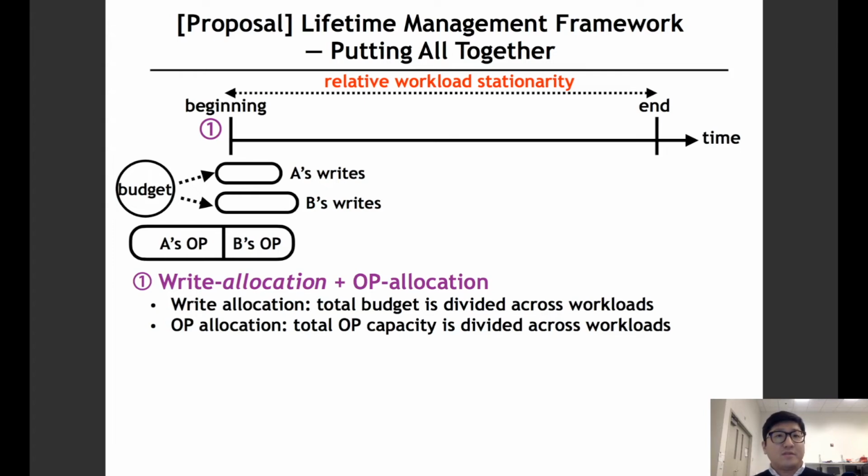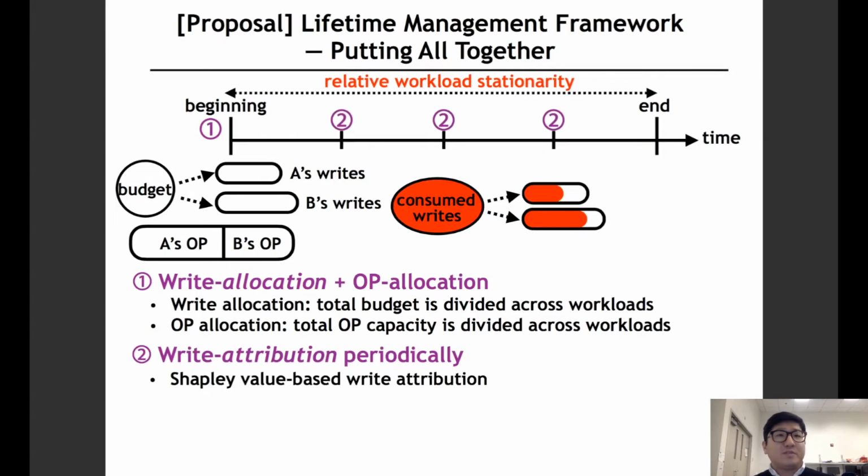At the beginning, write allocation and the corresponding OP allocation are made. Write allocation is the division of the total write budget across workloads, whereas OP allocation is the division of the total OP capacity across the workloads. In the middle of the period, write attribution is performed periodically. Total writes consumed so far are attributed to the workloads using Shapley value.